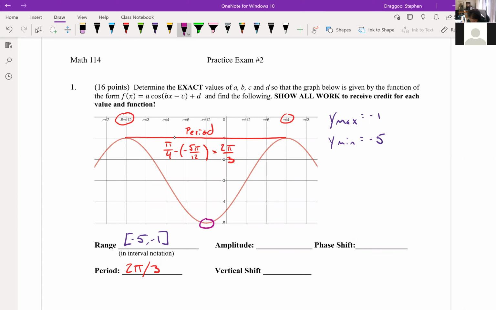Down here, I could choose a phase shift, or here I could choose a phase shift, or here I could choose a phase shift. So picking something that's either green or magenta can go in here for the phase shift. But let's go with pi over 4. I think that'll be the easiest one. But again, we get options on the phase shift. Could pick any one of those.